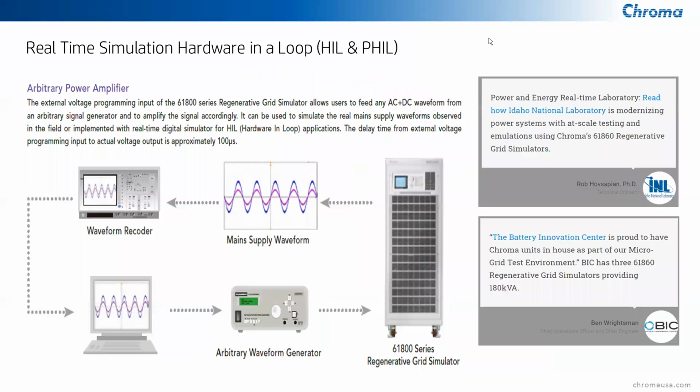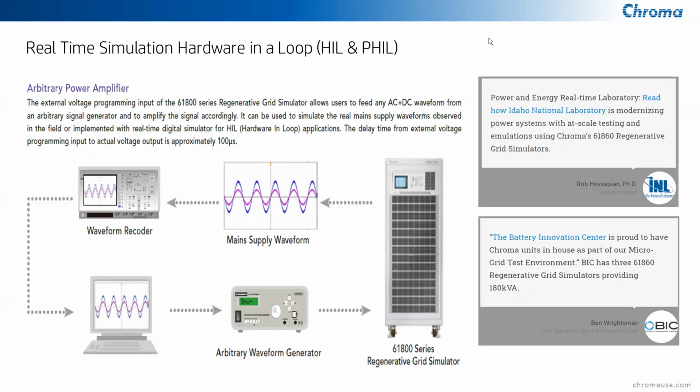The other application is what we refer to as real-time simulation. You've probably heard the terms hardware in the loop or power hardware in the loop. That's where they simulate all of these different occurrences, variations and devices, and test devices, and they need to do that with grid power. So our unit can actually be your source for real-time simulation.